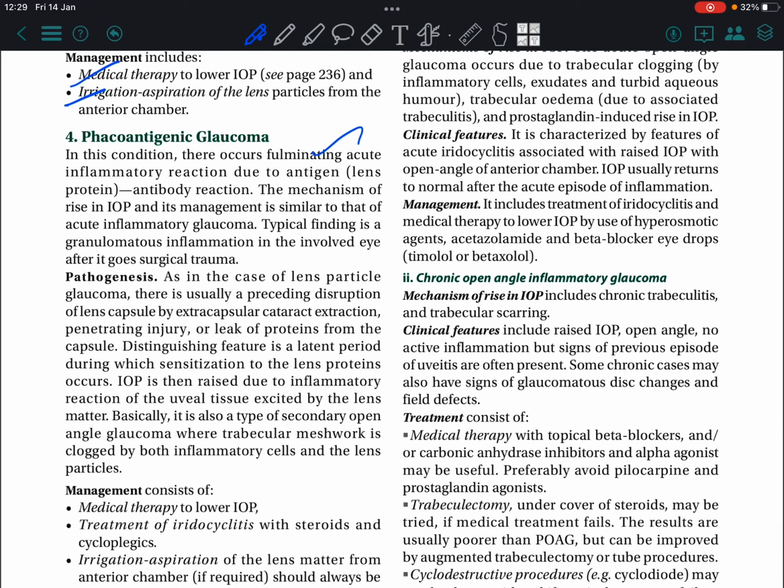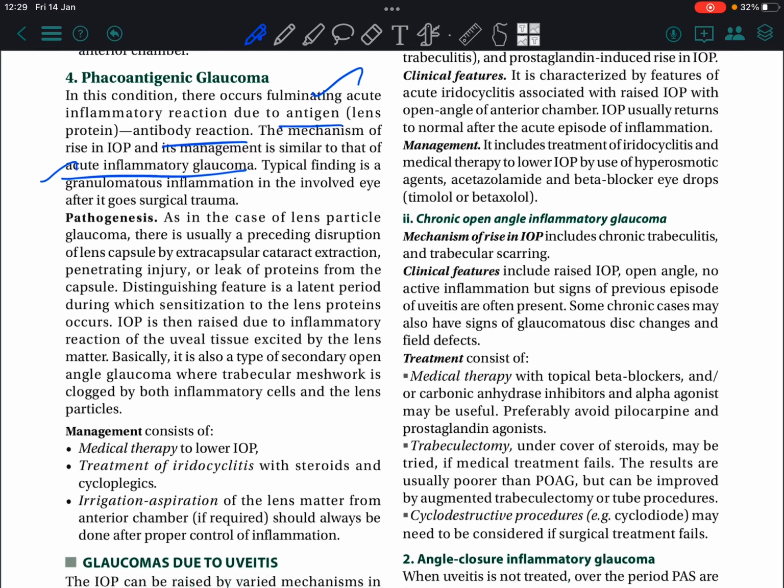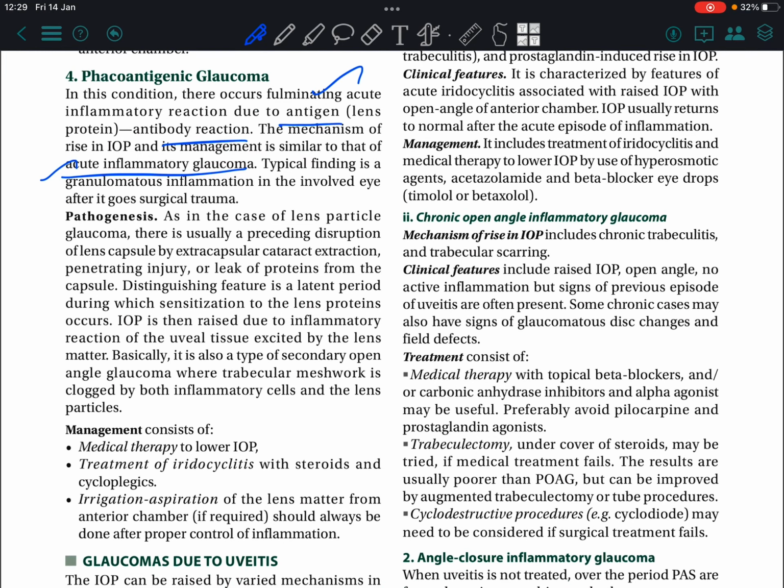There occurs a fulminating acute inflammatory reaction due to antigen-antibody reaction to lens protein. The mechanism of rise in IOP and its management are similar to those of acute inflammatory glaucoma. The typical finding is a granulomatous inflammation in the involved eye after it undergoes surgical trauma. Pathogenesis: as in lens particle glaucoma, there is usually preceding disruption of the lens capsule by extracapsular extraction, penetrating injury, or leak of proteins from the capsule.